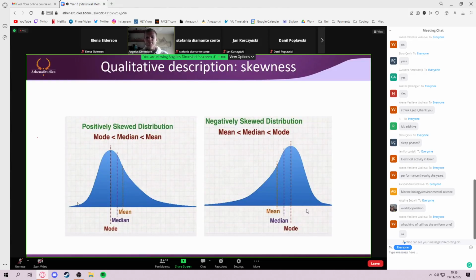So let's make a recap question here. We have a distribution that has the peak here and the tail here, and another distribution with the tail here and the peak here. So this distribution, is it right skewed or left skewed?